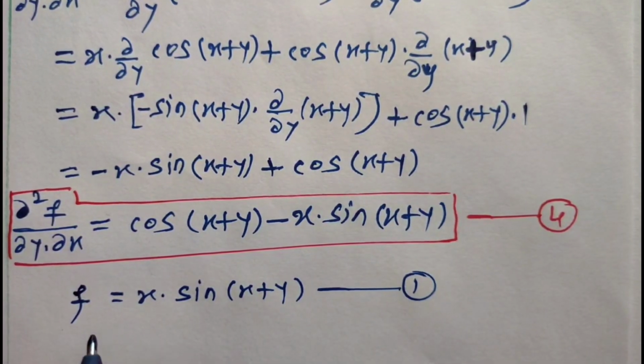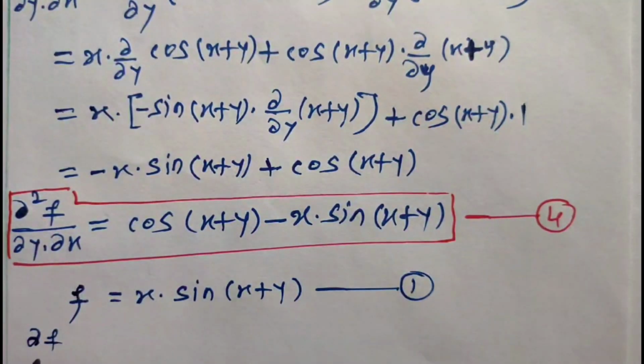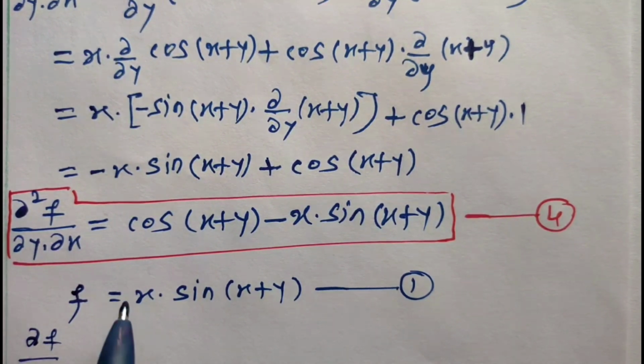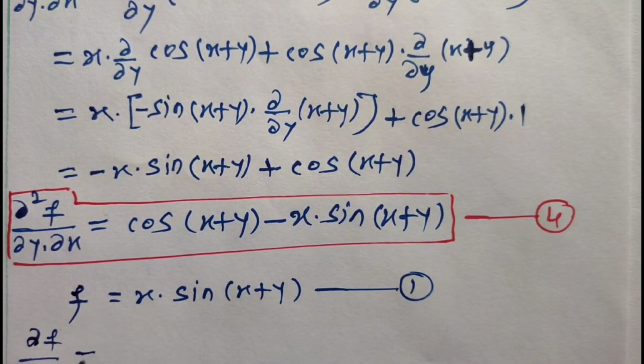Given function is f is equal to x into sine of x plus y. We have to partially differentiate this with respect to y. So dou f by dou y is equal to, we are partially differentiating with respect to y means considering x and function of x as constant. So x becomes constant coefficient of sine of x plus y. This is equal to x into partial derivative of sine of x plus y with respect to y.